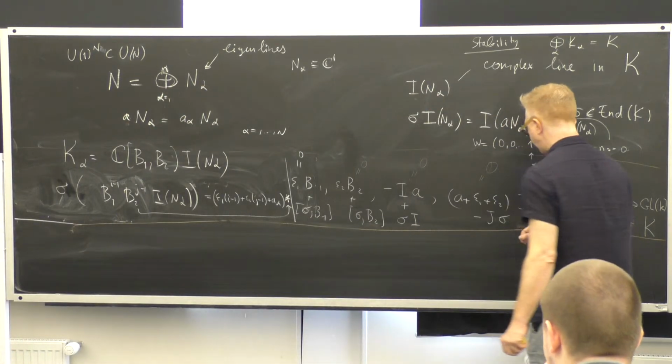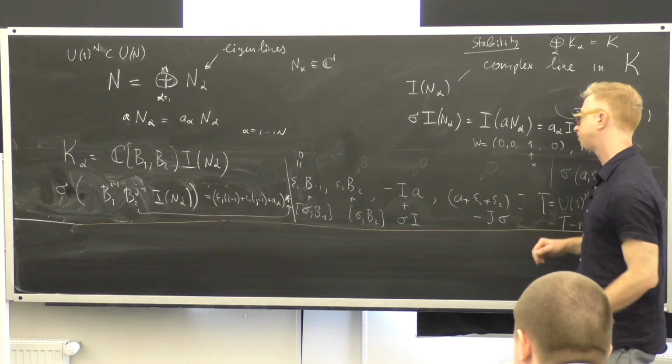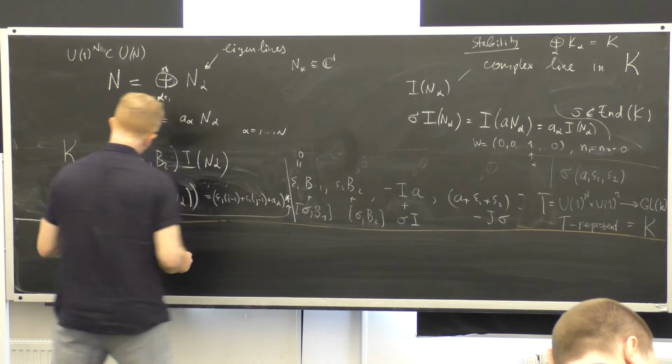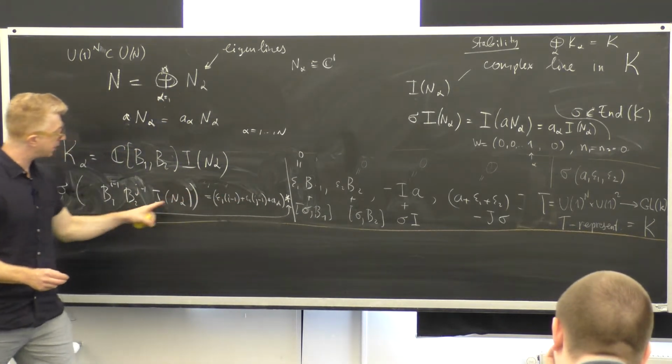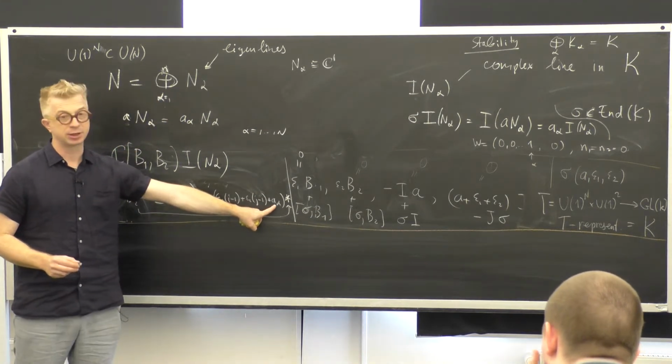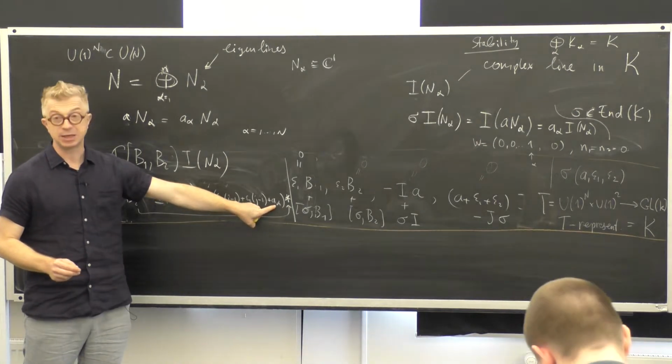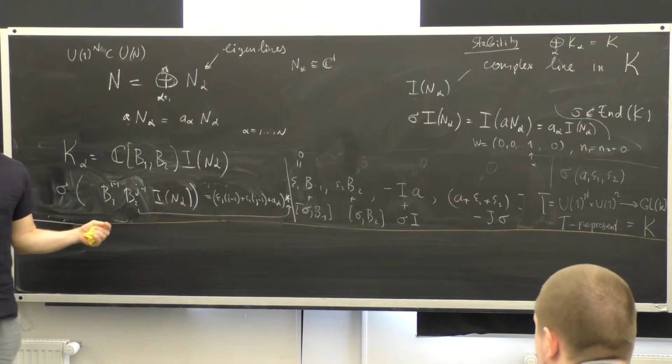Now, because for different alphas these eigenvalues are distinct, these spaces cannot intersect.